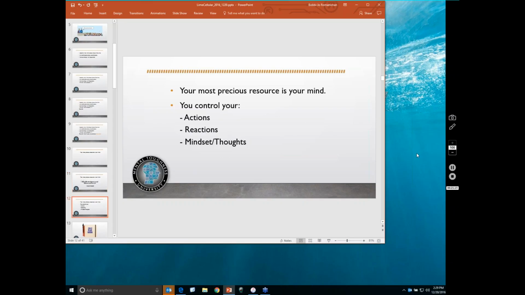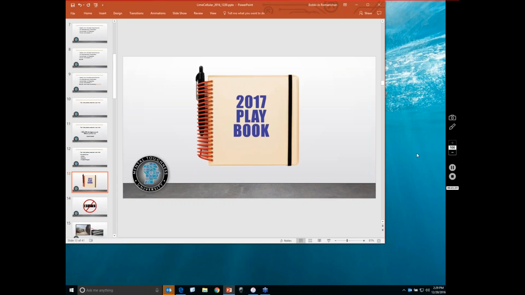You get to control your actions, your reactions, and your mindsets, your thoughts. So mental toughness, we also call it grit, is all about winning the internal head game. It's all about getting everything in your head working for you and not against you. So you're coming into 2017 right now, and you want to set up 2017 for success. And in order to do so, you need to develop this mindset.